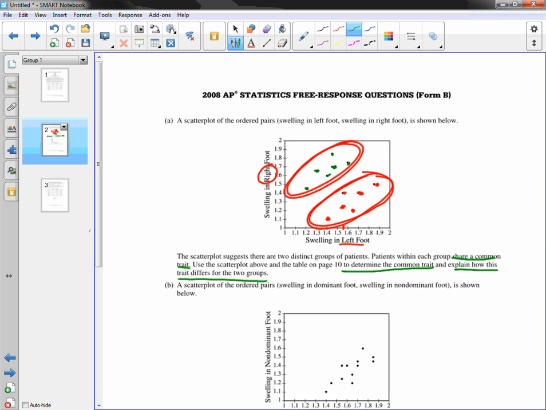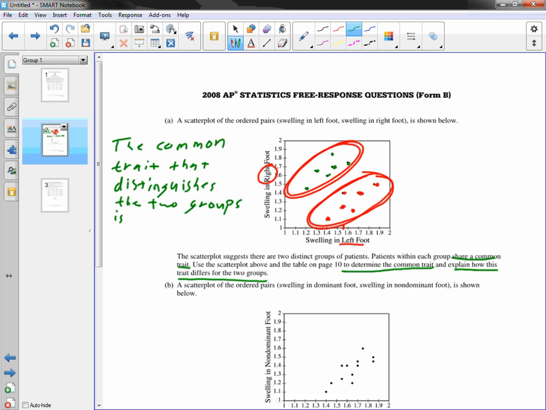So the common trait that distinguishes the two groups is their dominant foot.